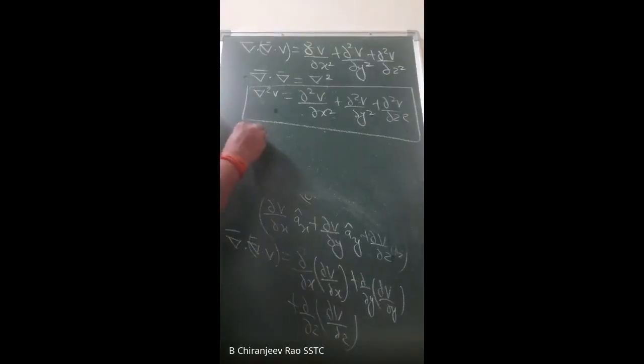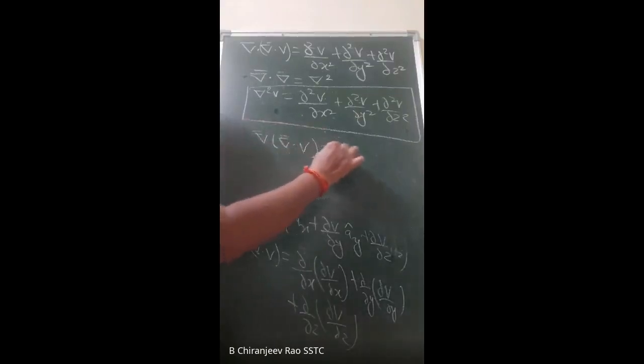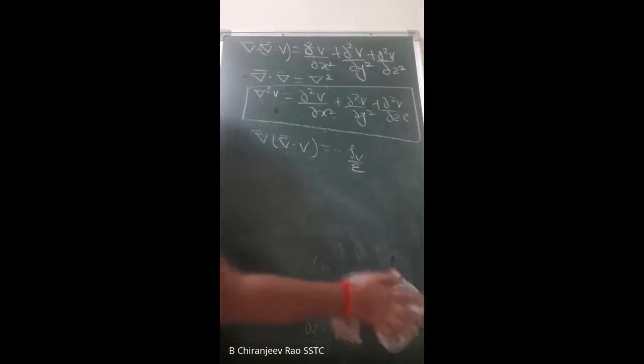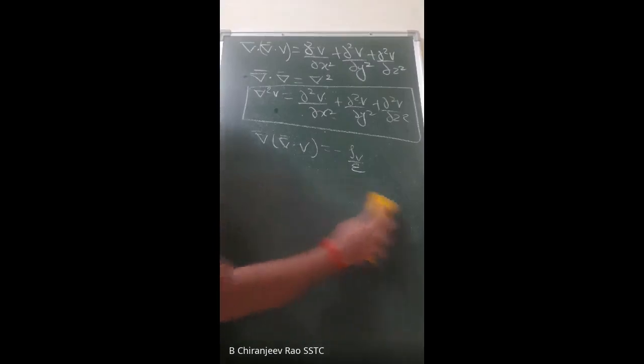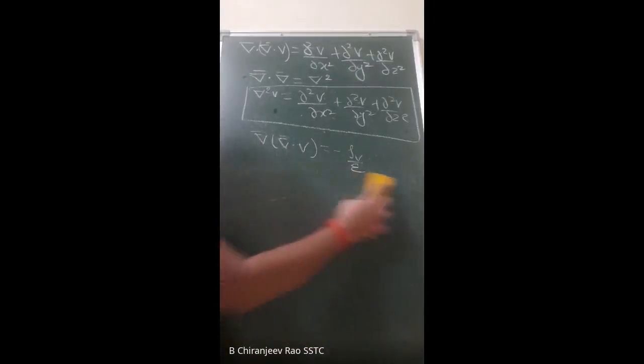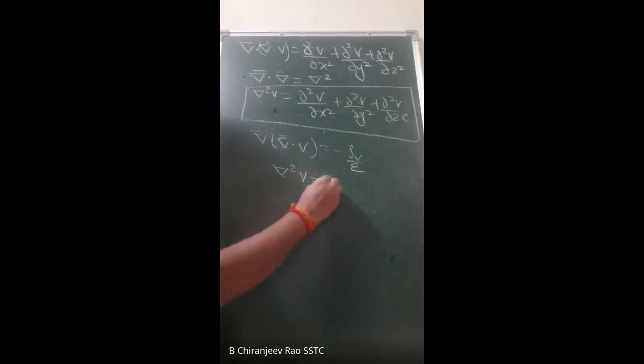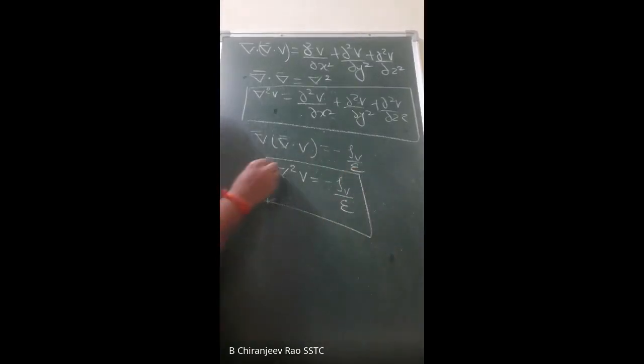And this is equal to del dot D is equal to rho V. So del square V is equal to minus rho V upon epsilon.